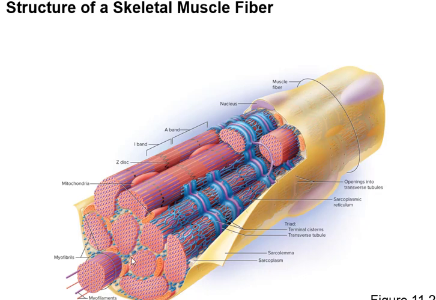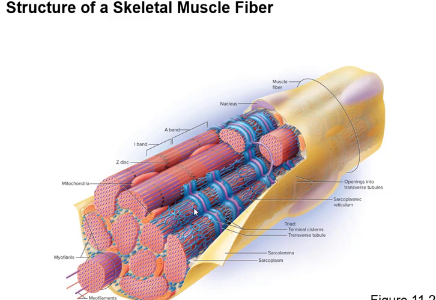So it has multiple nuclei. And then these are your myofibrils, not to be confused with the muscle fiber. And each of those has sarcoplasmic reticulum around it, which in other cells would be called endoplasmic reticulum. And remember, they are a reservoir for calcium.